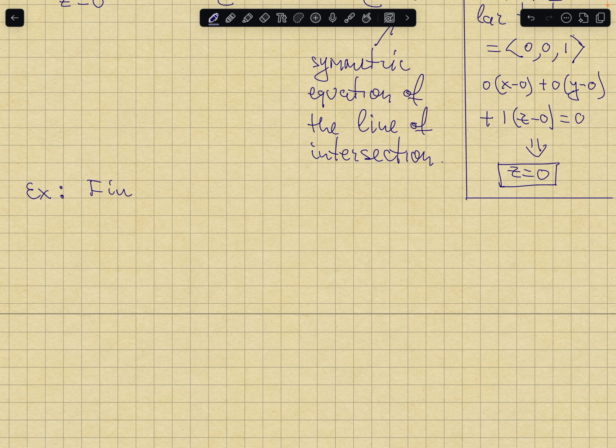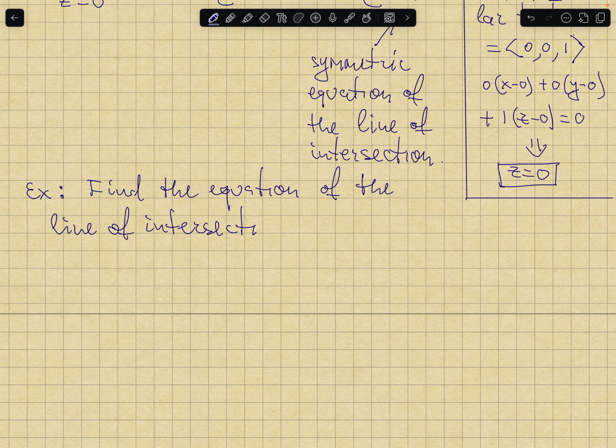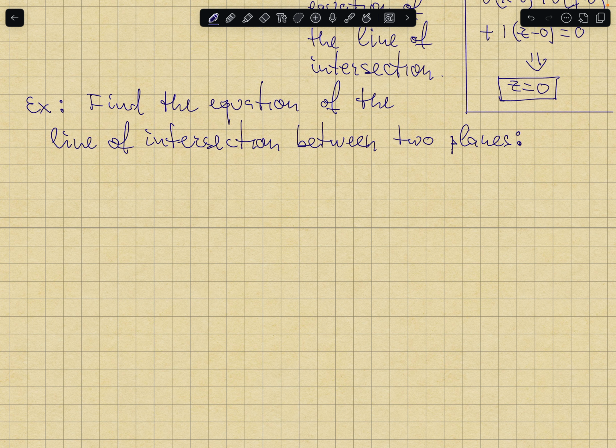Find the equation of the line of intersection between two planes, and let's make them as follows: x minus y plus z equal to 2, 2x plus 3y minus z equal to 1, maybe equal to 6.